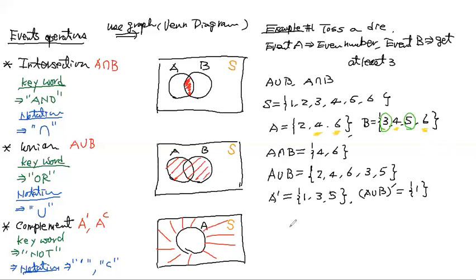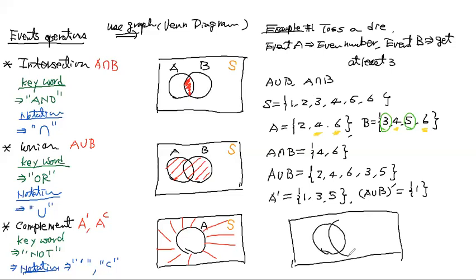Okay, now let's take a look at how I can put this into a Venn diagram. So just like we said, in the Venn diagram, this is my A, this is my B, and this is my sample space here. Okay, so let's take a look.